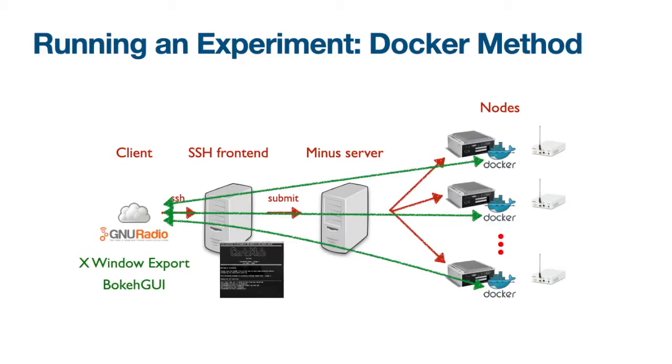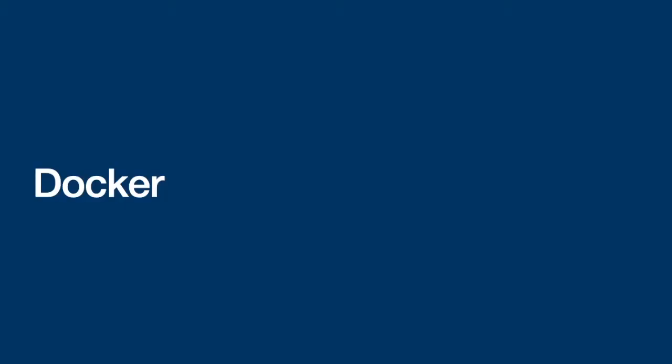The user can also export the X window display, so he can have a running GUI on his own computer, but also the user can interact with the running experiments in the Docker containers using BOKU Gui.